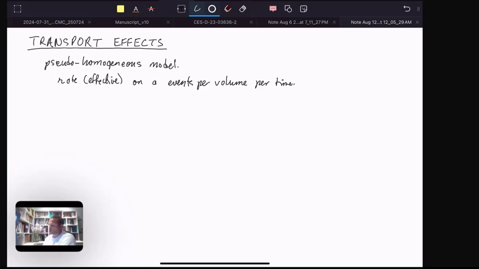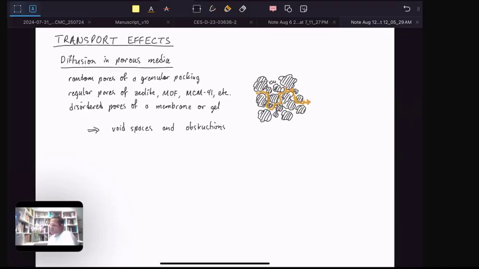If you take all of those factors and you multiply them all together and you do your accounting carefully, you realize that you can still describe things as events per volume per time and use much of the machinery that you learned as undergrads.